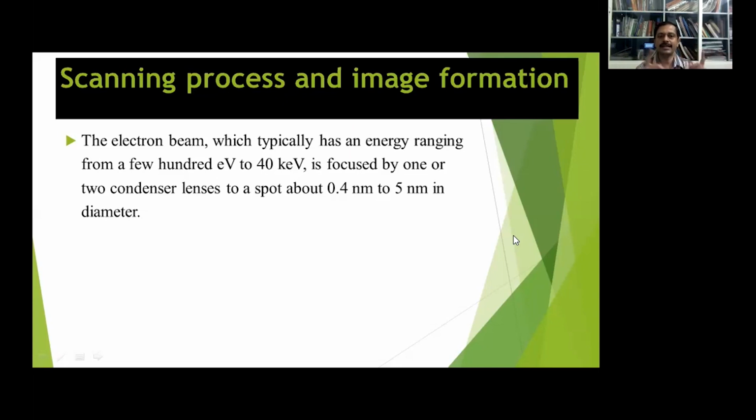We have condenser lenses in the electron microscope, which help to focus this electron beam at a very, very narrow spot ranging from 0.4 to 5 nanometer. We will understand this later in instrumentation.